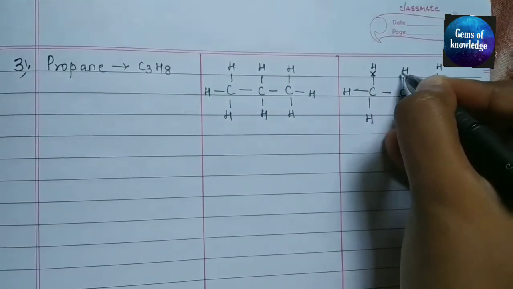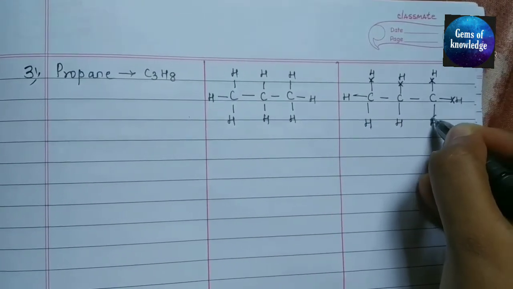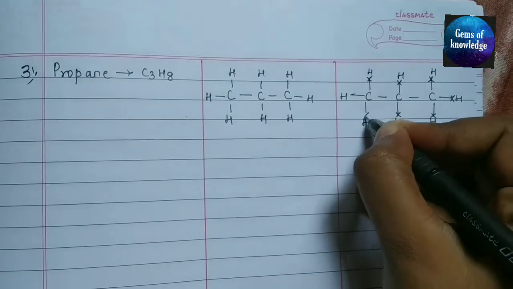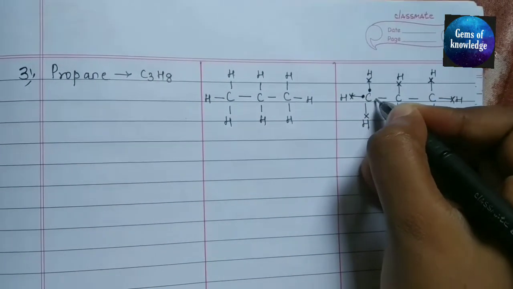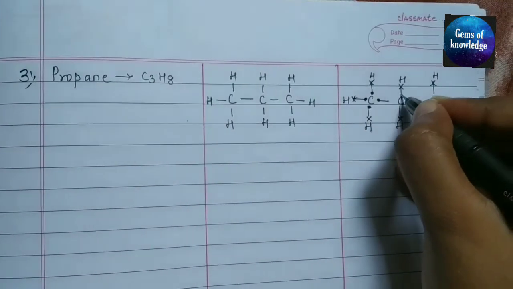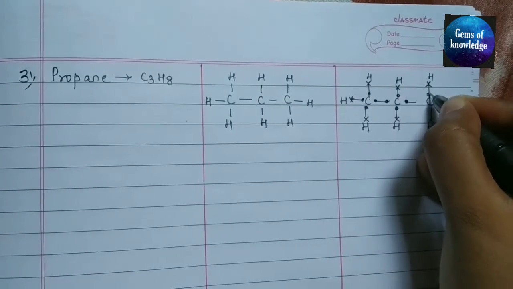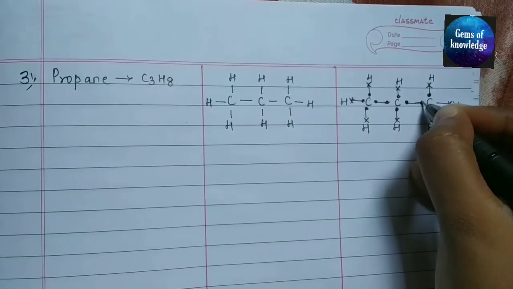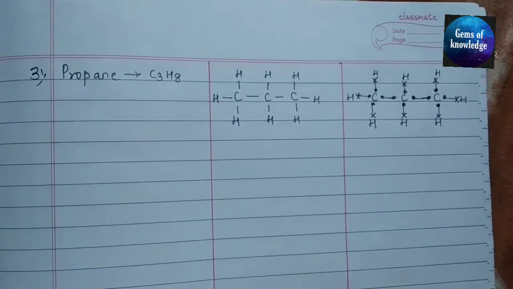Hydrogen will be marked by X, and C will be marked by dots. Now let us join hydrogen.